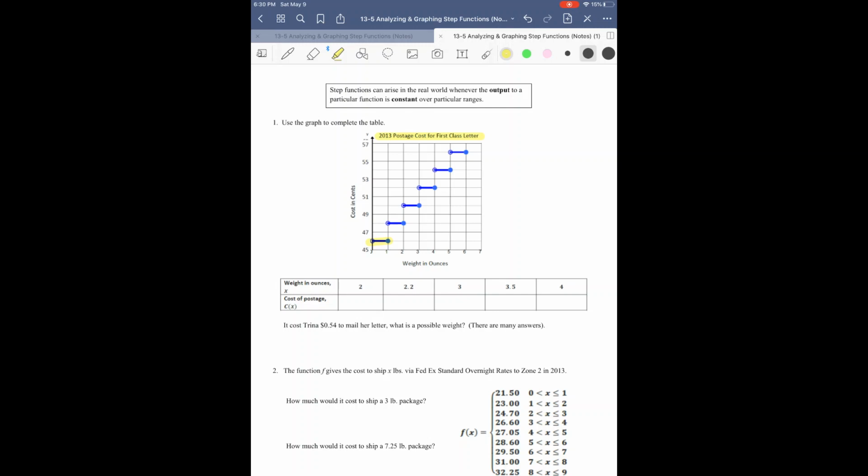If the weight is 2 ounces, let's find out the cost. So I'm going to go over on my x-axis to 2, and the output or the cost is going to be 48 cents. Now, if the package is 2.2 ounces, which is going to be somewhere over here, the output or the cost is going to be 50 cents.